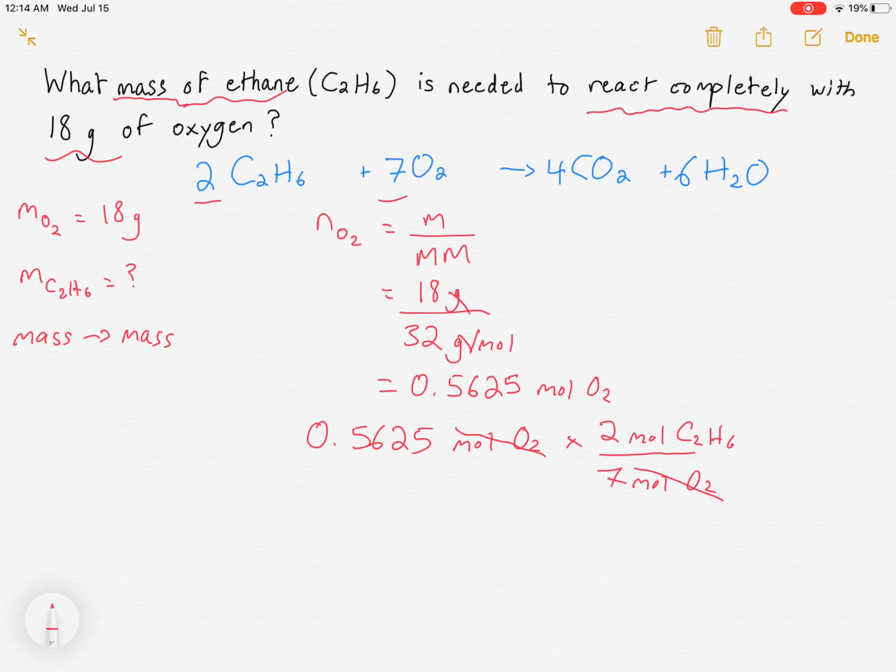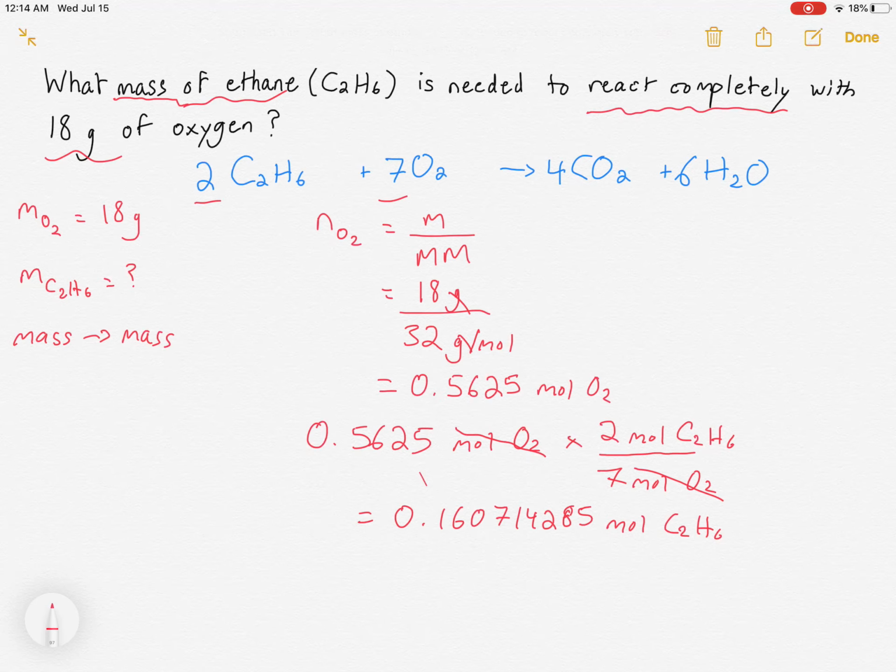So we've set up our conversion factor, and then when you solve this, 0.5625 moles times our conversion factor of 2 over 7, you will get a rather long decimal, 0.160714285 moles of ethane.